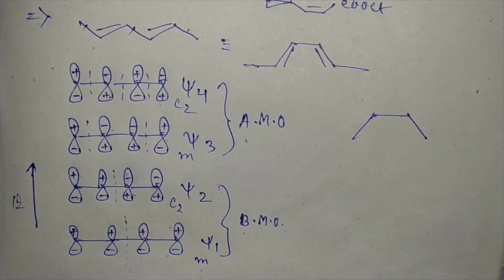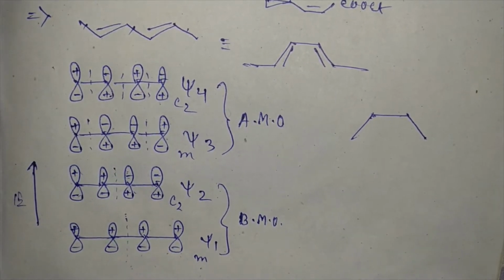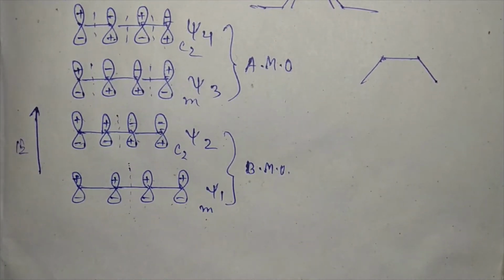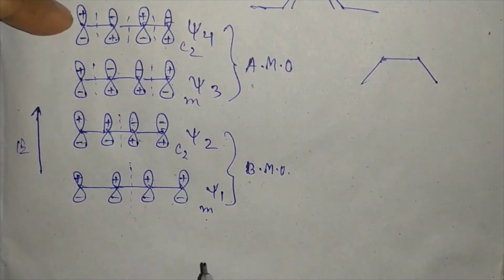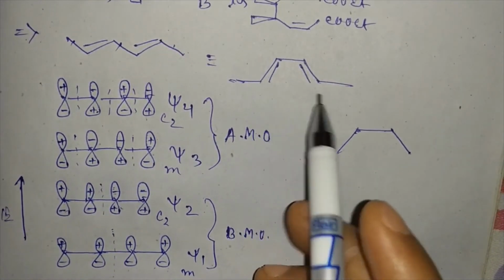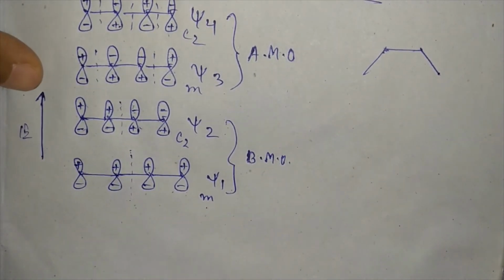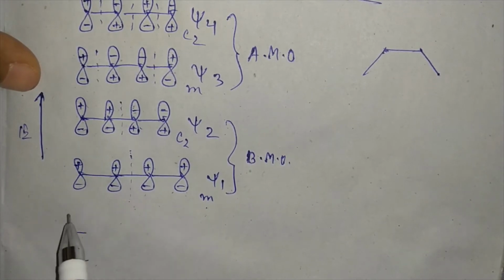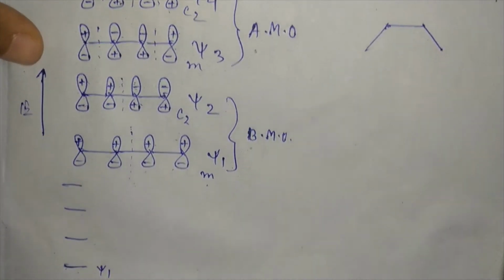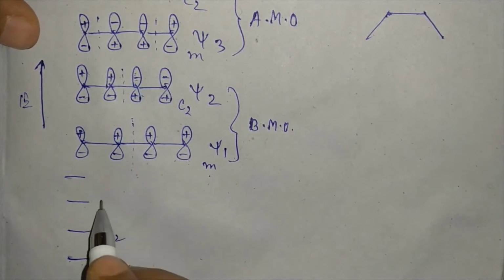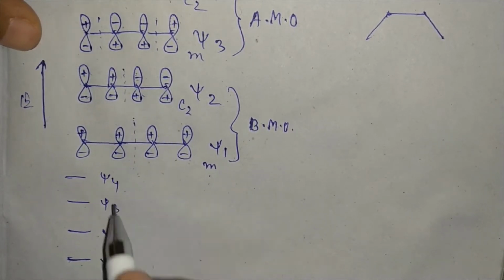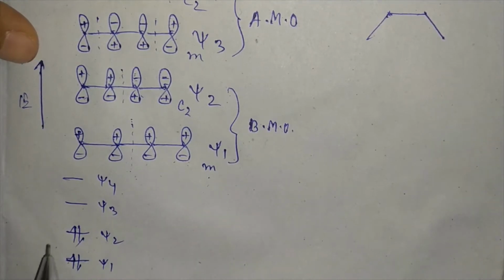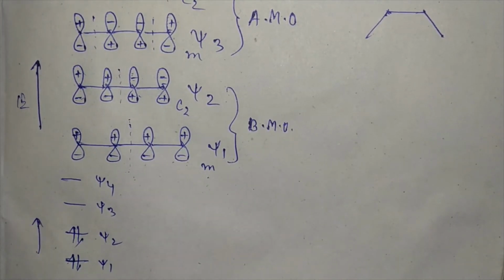Before that, we will see the electronic distribution in this molecular orbital. So there are 4 pi electrons. So 1, 2, 3, 4. There is psi 1, psi 2, psi 3, psi 4. 2 electrons will be there, 2 electrons will be here. Energy in this order.